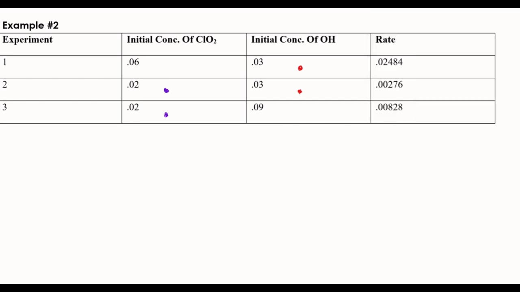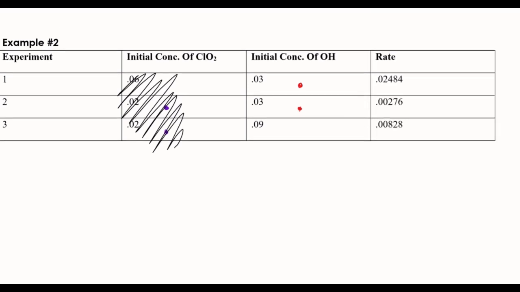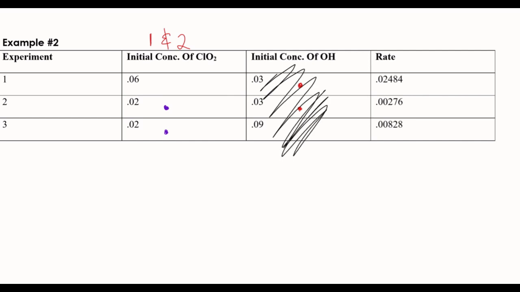And then, remember, we're going to hold our hand over that first one. Just hold your hand over it. And then we can see that we should use reactions 1 and 2 for this first one. Okay, so same thing. You're going to hold your hand over that OH column.